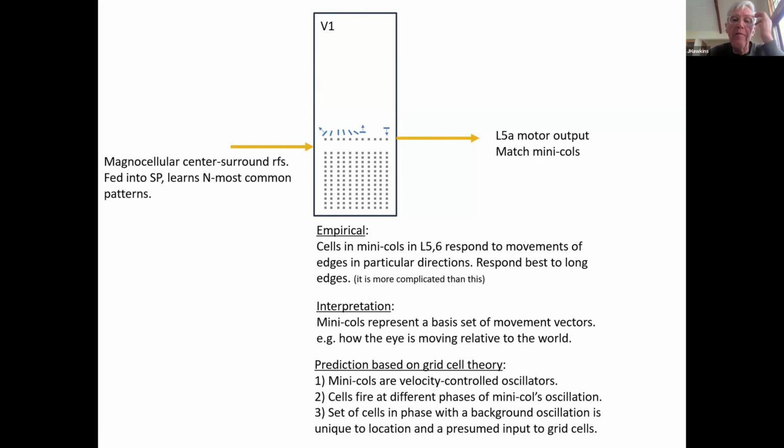I believe that the layer 5A cells would share that same representation. So the layer 5A cells are now encoding the same basic interpretation. They're saying, this cell in layer 5A would represent activity of an edge going this way, or the retina moving this way, and this one, the retina moving this way, or something like that, motion on the retina.